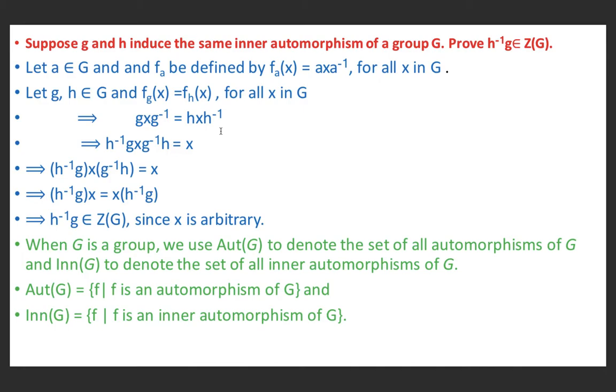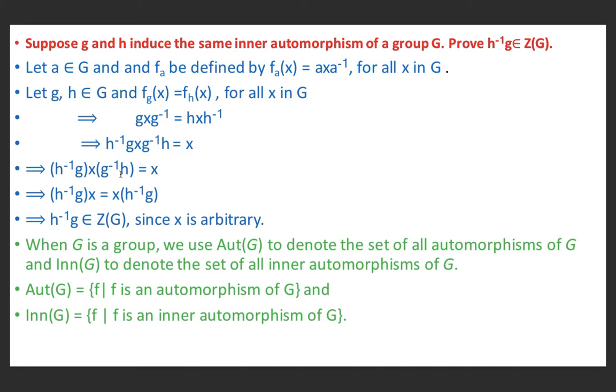So the inverse of each element of a group exists and the identity element also exists. So h inverse g x g inverse h is equal to x, that is, h inverse g into x g inverse h is equal to x. Because h is an element of the group and g inverse is an element of the group, therefore g inverse h also belongs to G, because the closure axiom is also satisfied here.